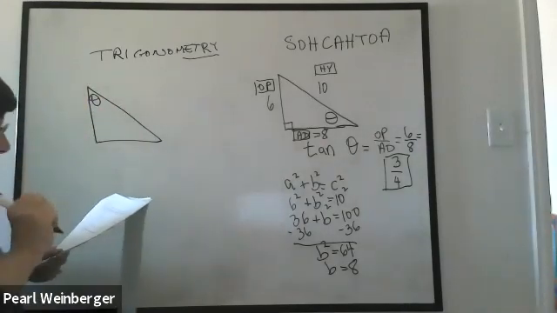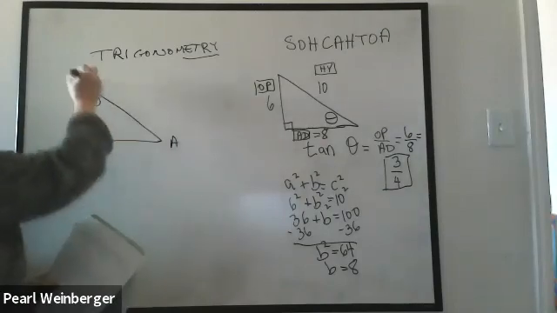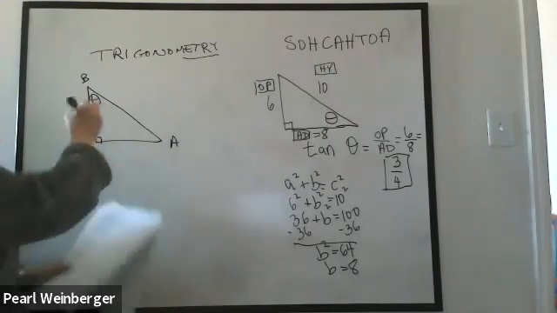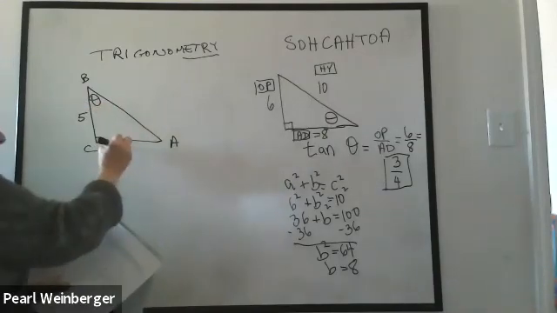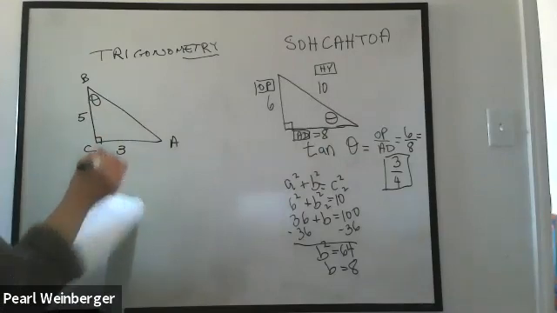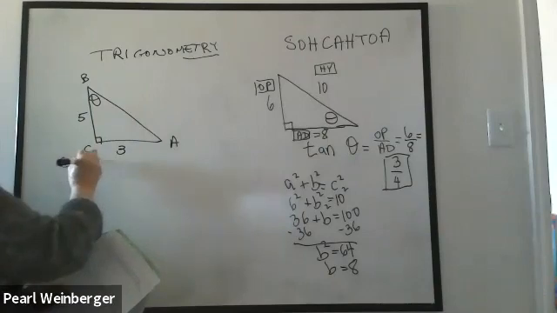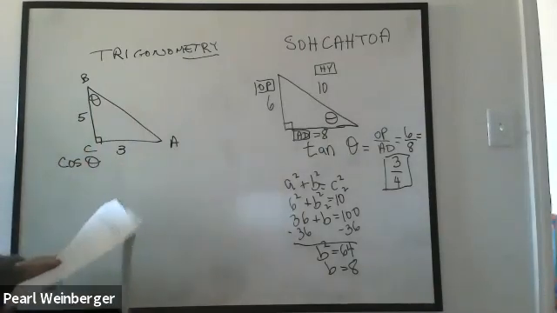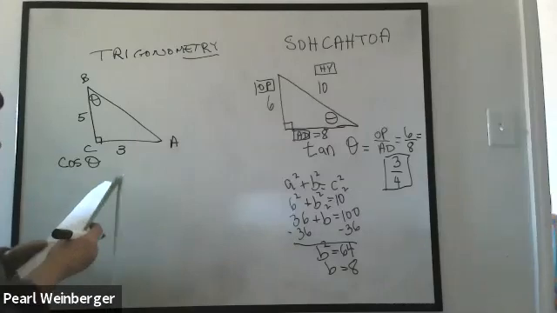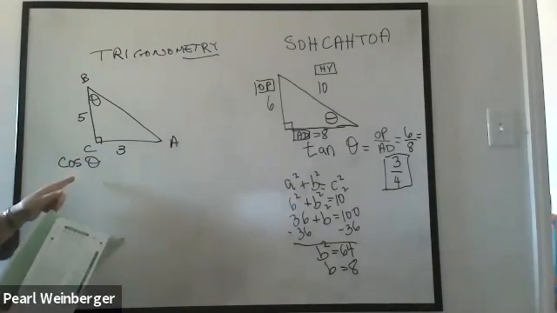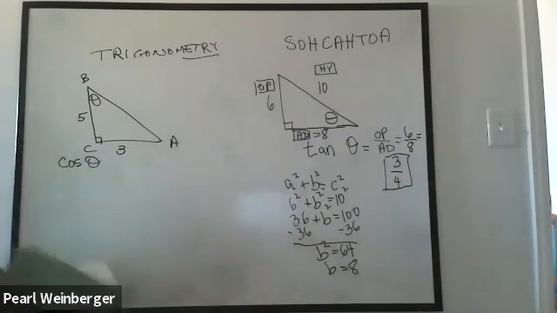Be careful about that. They even put an ABC as well. Here's my right angle. And they told me this side is 5 and this side is 3. And they want me to find the cosine of theta. They want the answer, if it comes out with a radical, to be rationalized in the denominator.